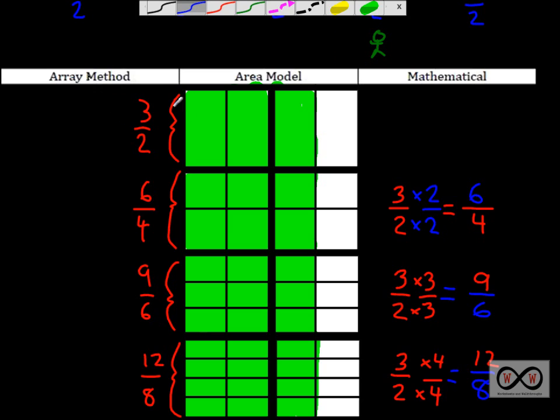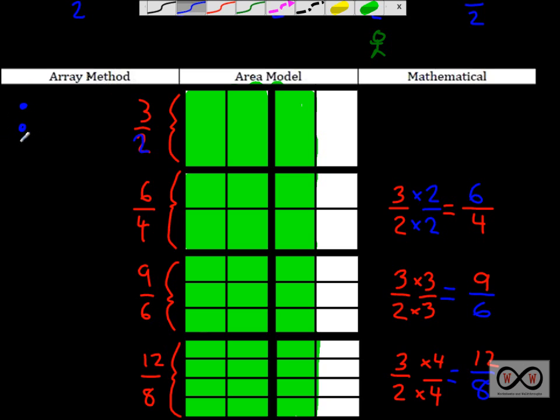Well, what you need to do, again, like we've done previously, is to take a look at that denominator. So the denominator tells us that we need to have 2 parts to our set or group. You could imagine this is a beach volleyball team, and there are 2 members of the beach volleyball team.